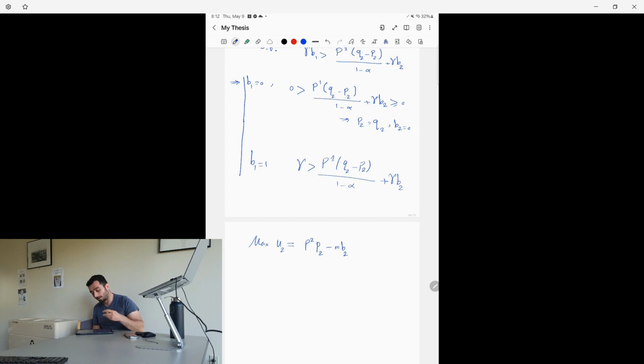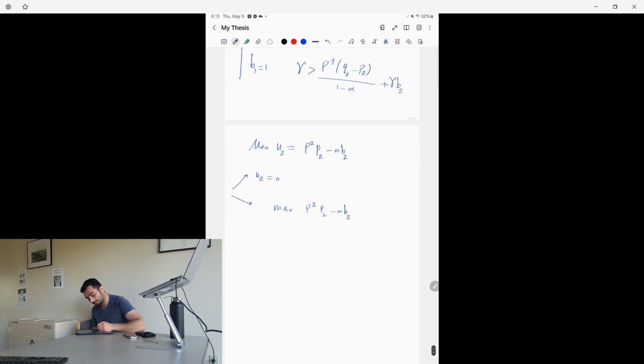Either the first one, his utility U2 will be 0, or the second one, max P2 minus MB2 subject to gamma greater than P1 Q2 minus P2, 1 minus alpha plus gamma P2.